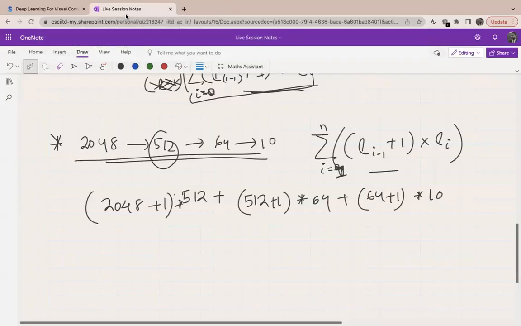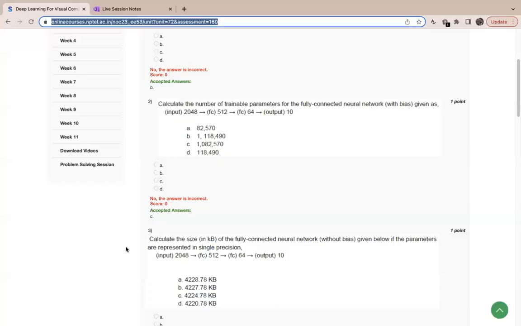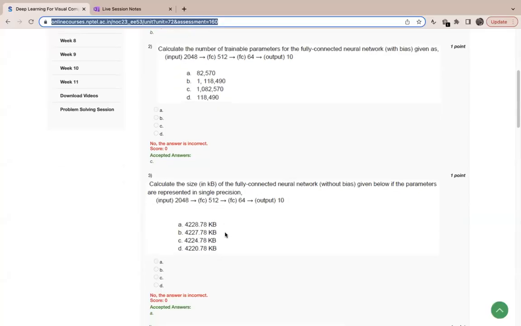The answer is 1082570. Yeah, option C is the correct answer.